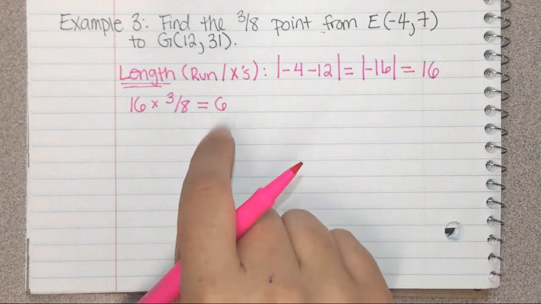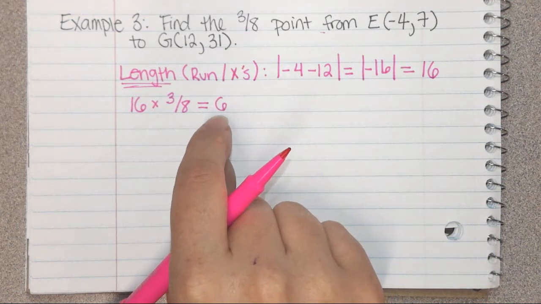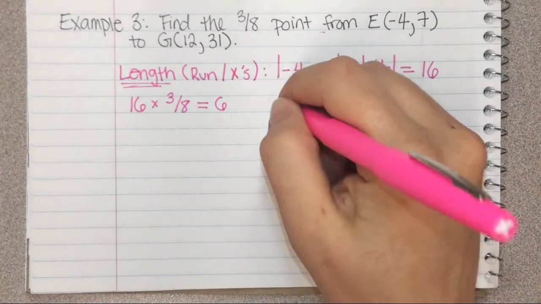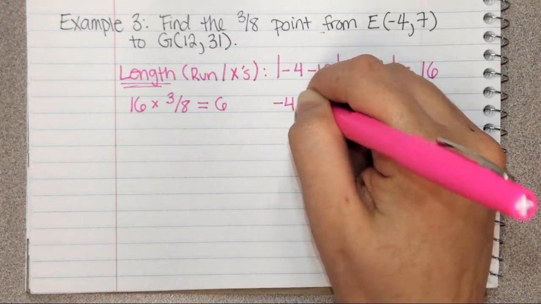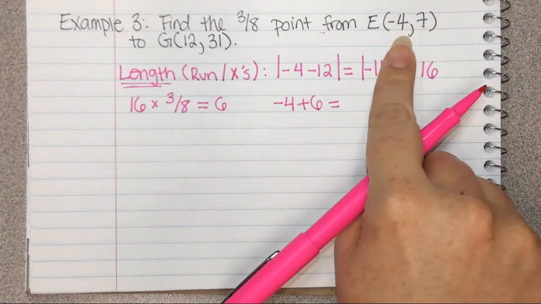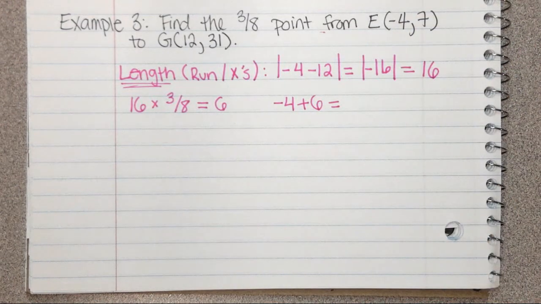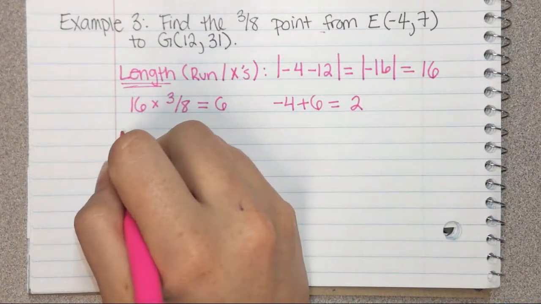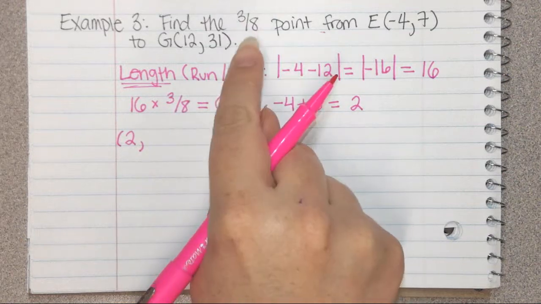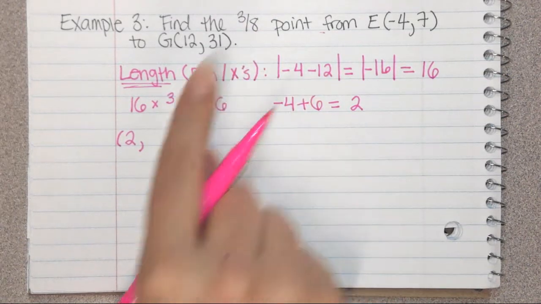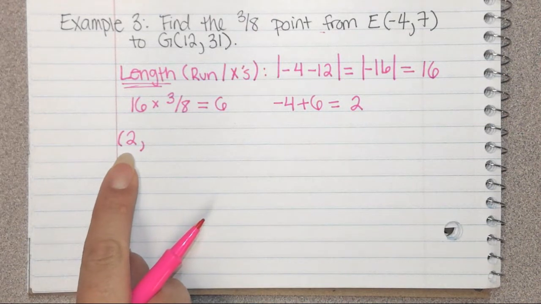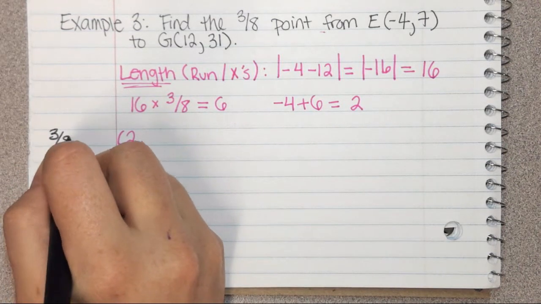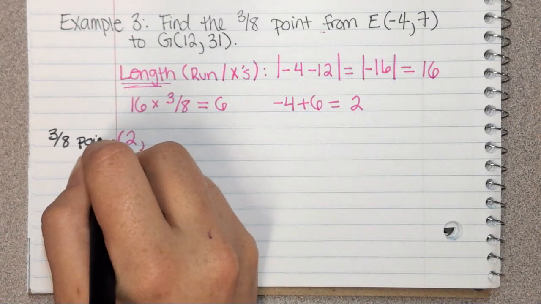This is kind of like telling us how much we would need to count over if we were working on a graph. So we're going to go from -4, add 6, and that gives me 2. So this is the x-coordinate for my 3/8 point. I've got half my answer right here. This is where I'm going to put my 3/8 point.